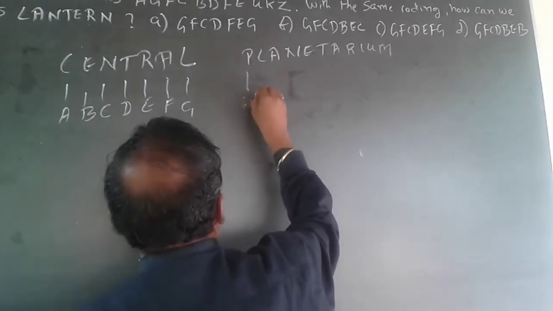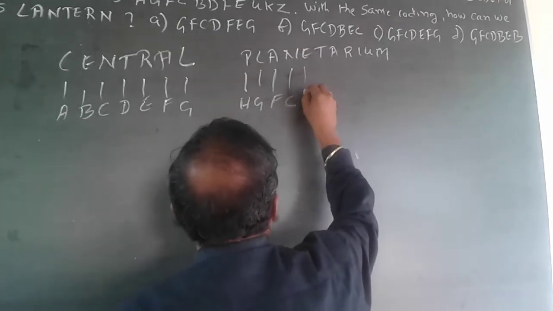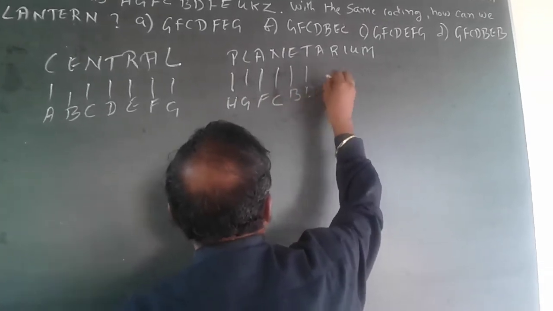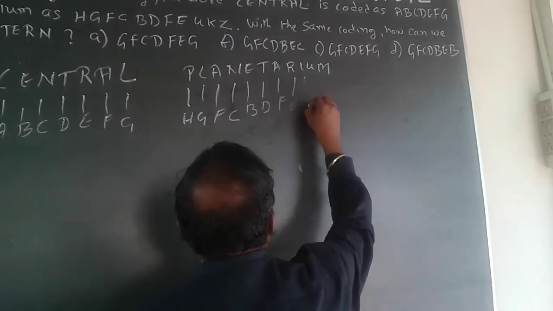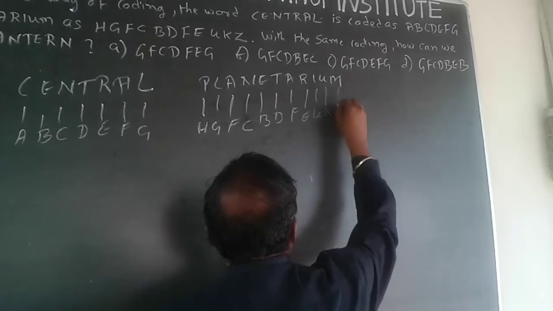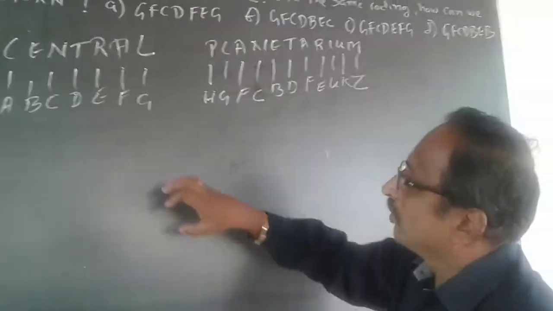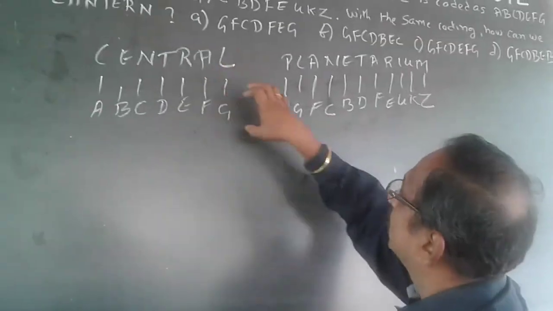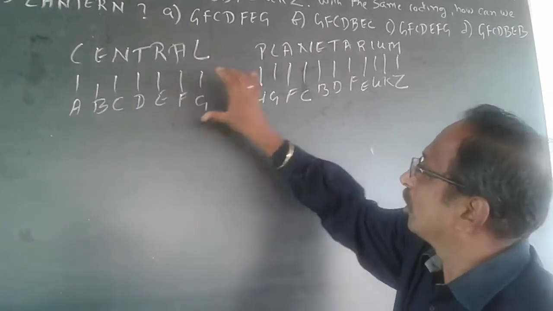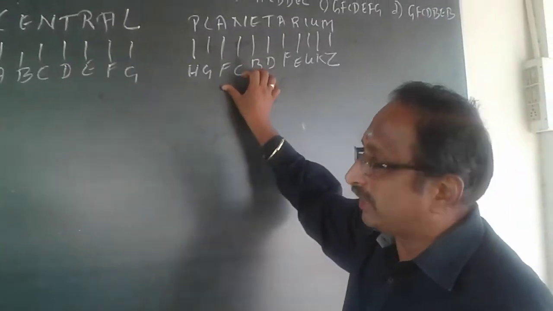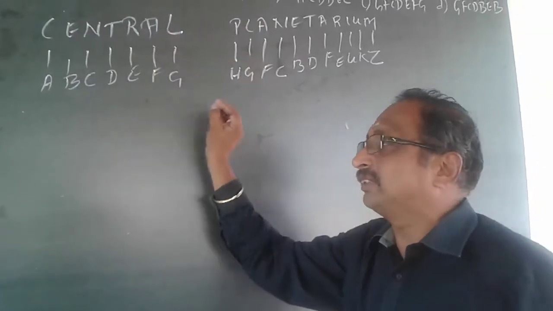So this will be H, G, F, C, B, D, F, E, U, K and Z. So now you have done a coding like this. What you have to do is, you have to ensure that the same coding is taking place here also. For example, A is written as F here, A is written as F. So if A is also written as F, then this is the pattern. So wherever you find A, you will have to give the answer as F.